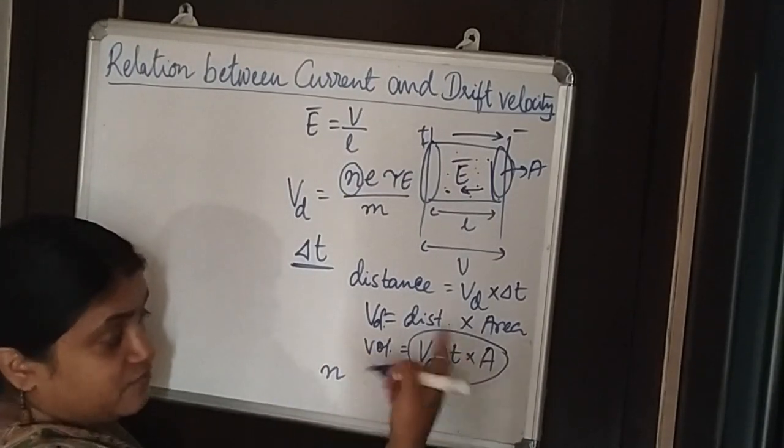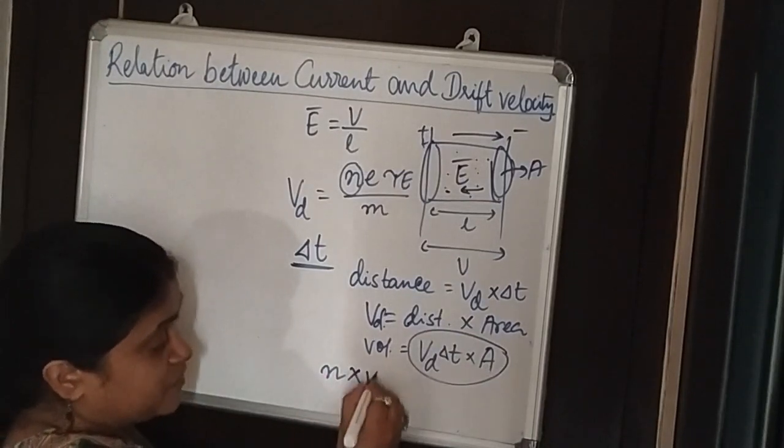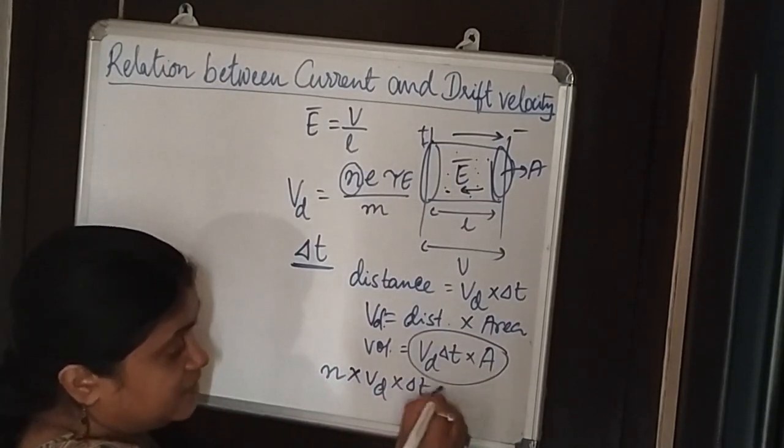Then in this volume I would have n into Vd into del t into A electrons.